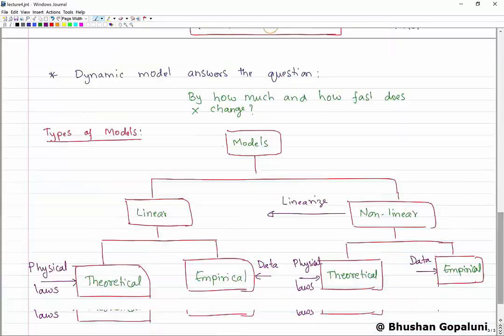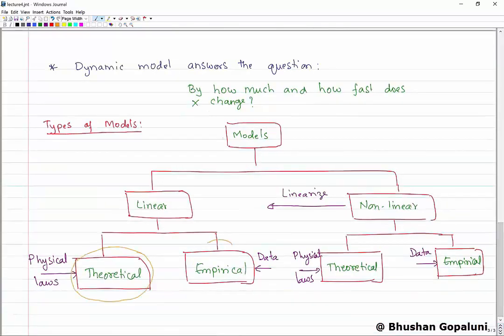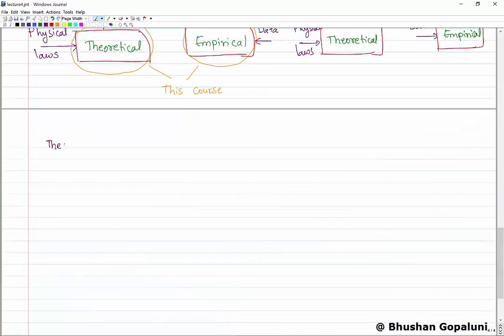Within linear and nonlinear models, there are theoretical models that one can build using physical laws or empirical models that one can build using data. In this course, we're going to be focusing on the physical and empirical linear models that we can build using physical laws and data. There are some advantages to using theoretical models.